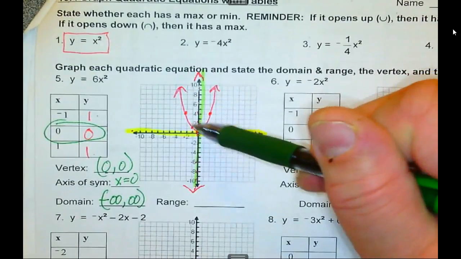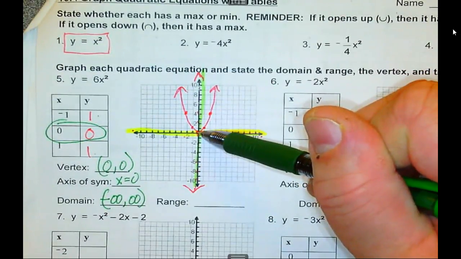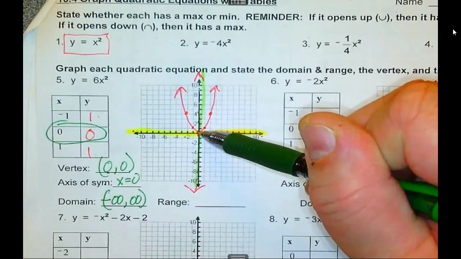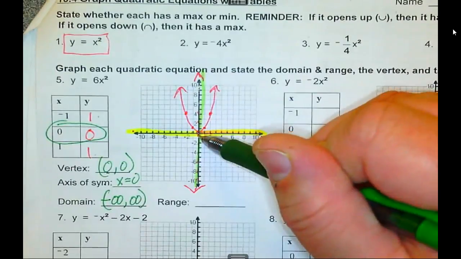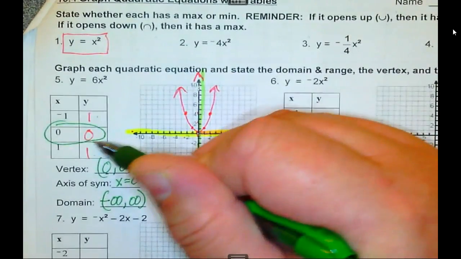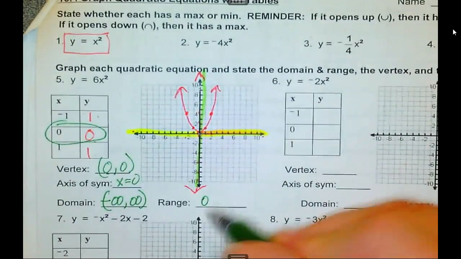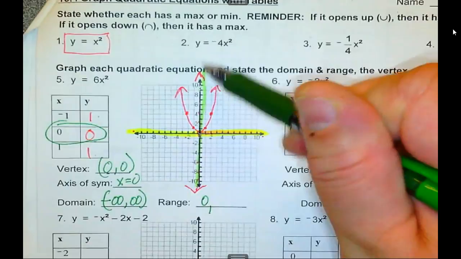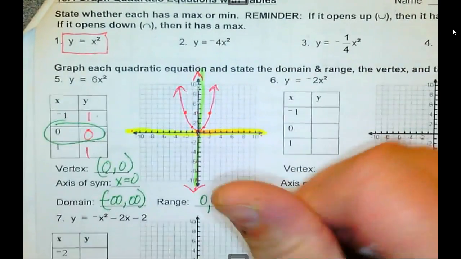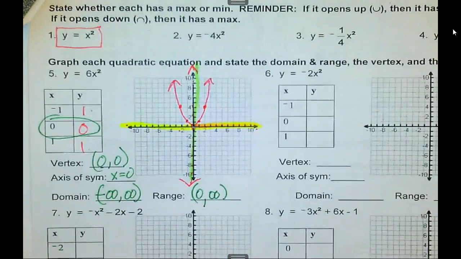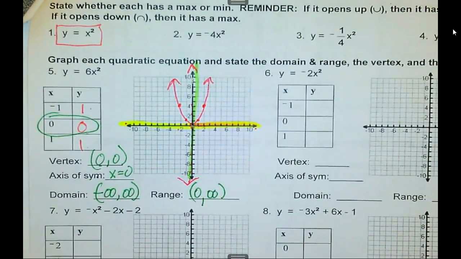In fact, we call this point what? Not only is it the vertex, but it's the minimum. So if I ask you what's the lowest point, you should say the minimum is 0, 0. Now I'm looking at my y value. 0 is the minimum. The highest point is going to go up forever and ever, positive infinity. And it's as easy as that.